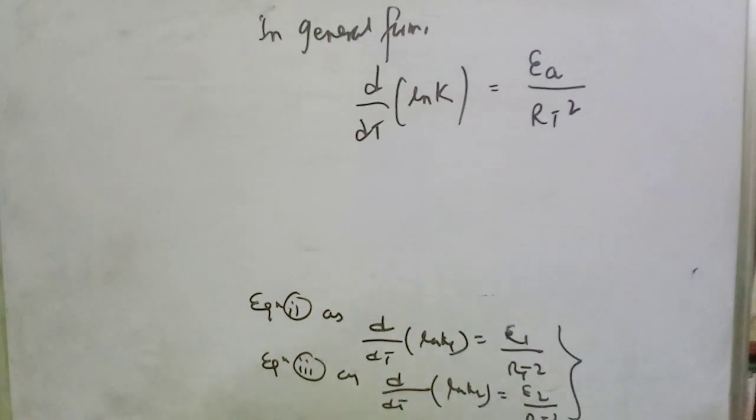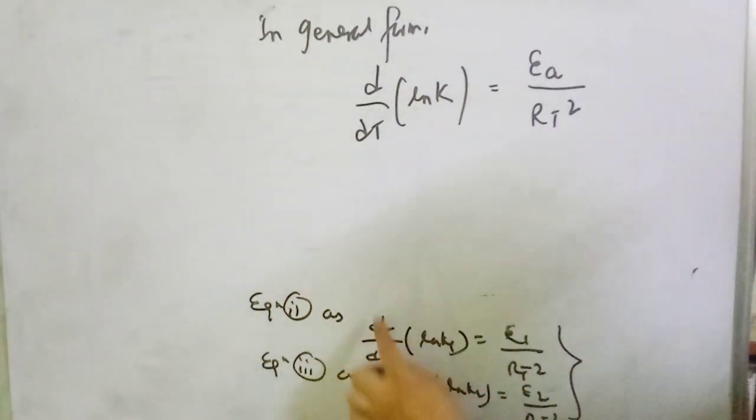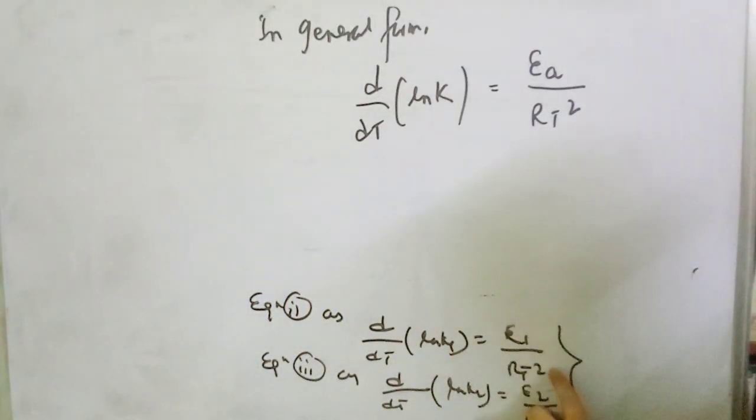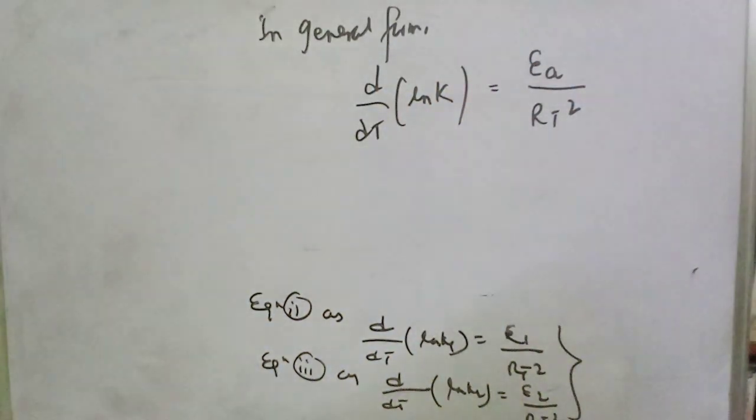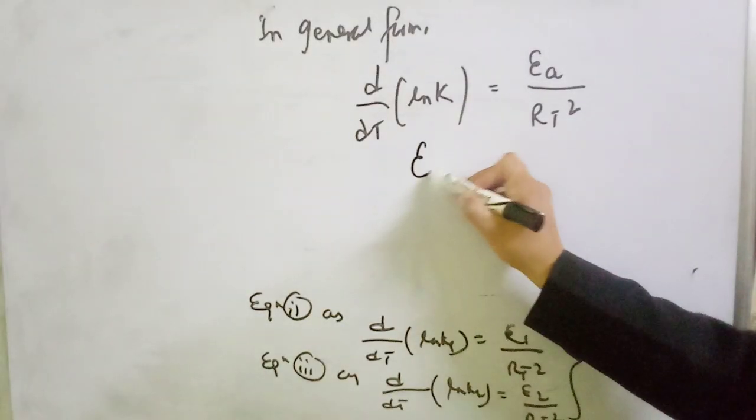See, d upon dt ln K1 equals E1 upon RT square is one equation, and d upon dt ln K2 equals E2 upon RT square. In this way, you can generalize the equation as d upon dt ln K equals Ea upon RT square for each and every reaction.